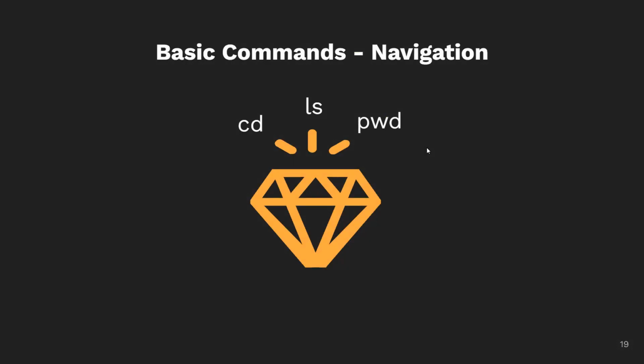Next slide. So, some basic commands for navigation. The three that are really important are cd, ls, and pwd. cd is simply changing directory, and this also works with absolute and relative file paths. So if you're in your home directory and you want to go to desktop, you can just do cd desktop, or you could do cd /home/justin/desktop.